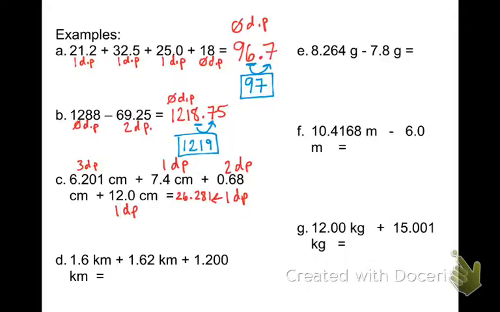Our answer should contain just 1 decimal place, so that means that we're going to look at our ones place. That's a lie. Our tenths place, I apologize. We look behind it, see if we have to round that value up or down, and we do. So 26.3 is our answer.